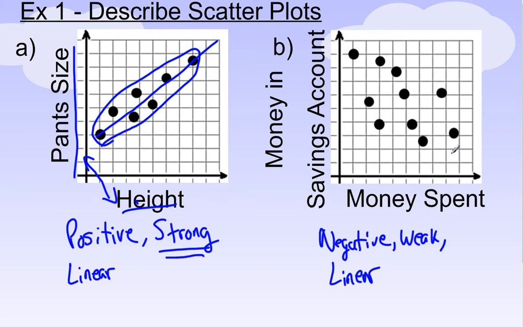It's negative because it's going down. It's weak because it's not super tight on the line of best fit. And it's linear because they appear to be going in a fairly straight line, even though that's kind of ziggy-zaggy. You would not want to think of it like this and try to connect all your dots. That's not right. Your line of best fit tries to fit the middle of the data, tries to mimic what the data is doing.